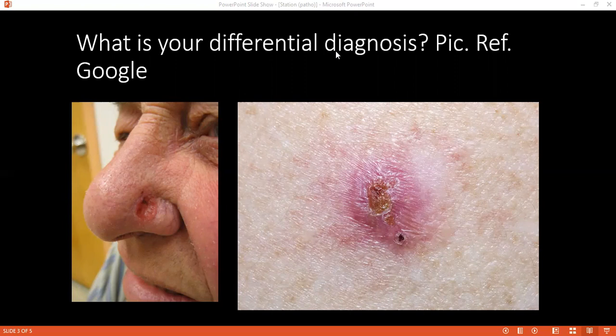As regards avoiding deep margin involvement, I will depend on frozen section intraoperatively, and also in some aesthetic areas such as the face, I will do what's called Mohs micrographic surgery until the deep margin is clear away from any malignant cells. This is how to avoid it.